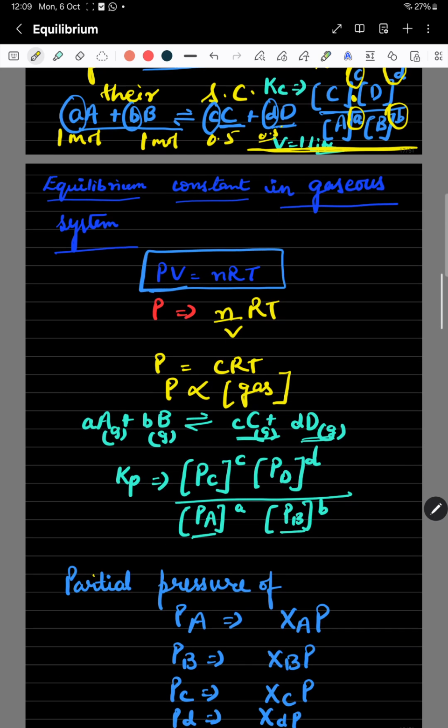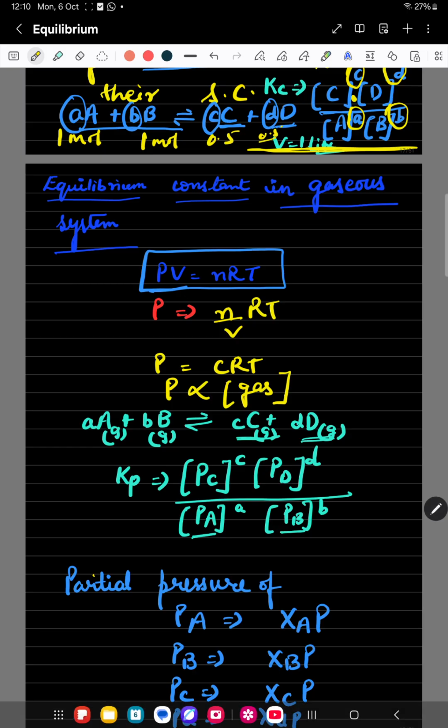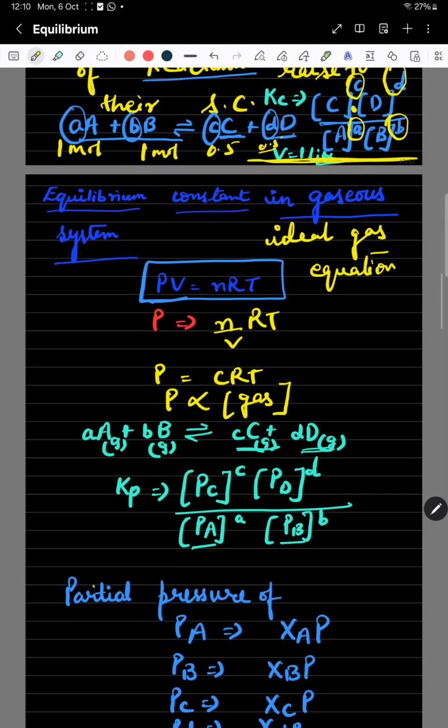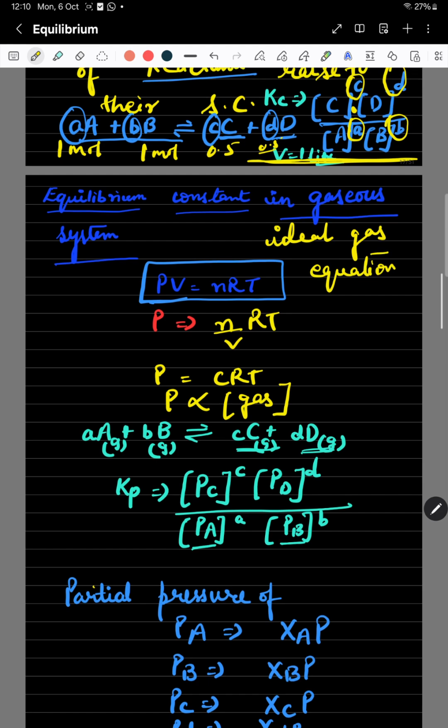Now, the equilibrium constant in a gaseous system. In the gaseous system, let us look at the ideal gas equation, that is PV equals nRT. So P equals n upon V times RT. n upon V would be what? C, moles per liter.